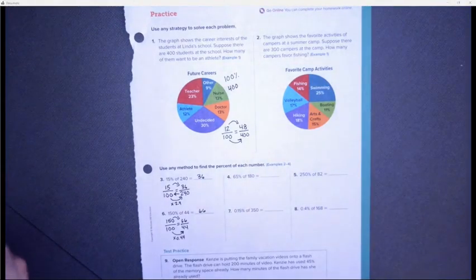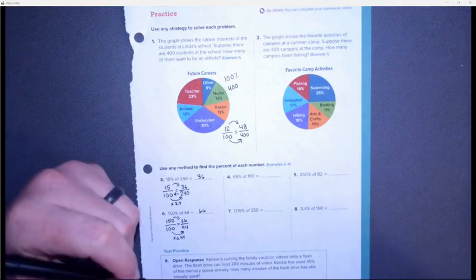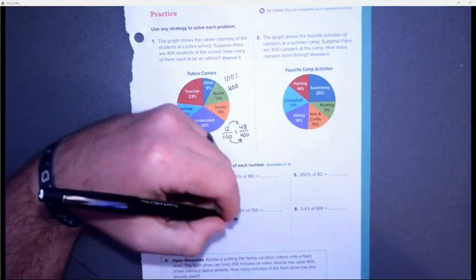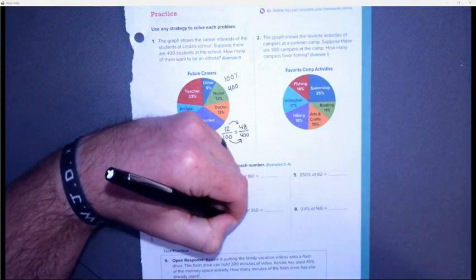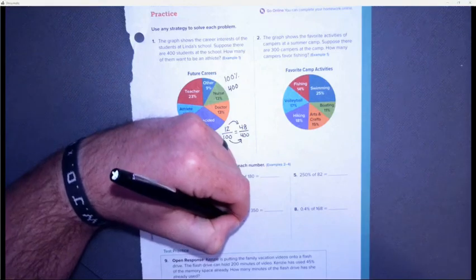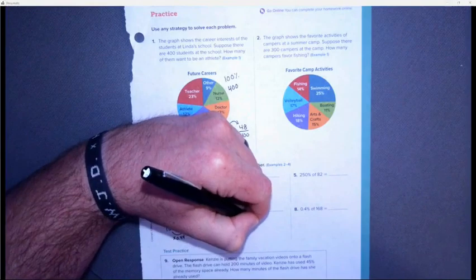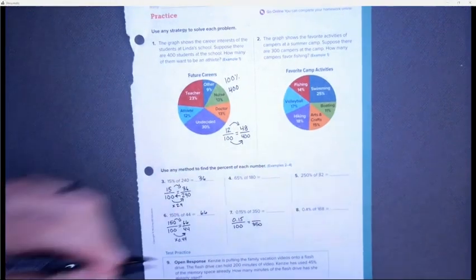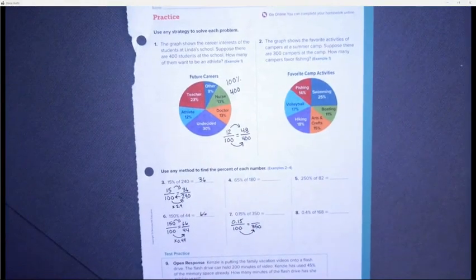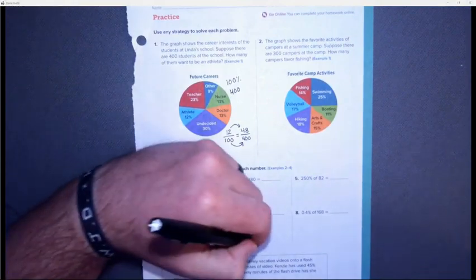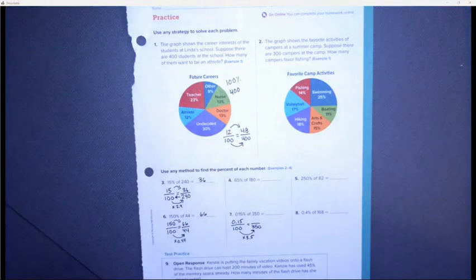Let's look at one more. Let's look at number 7. It tells us 0.15% of 350. Well, 0.15% is 0.15 per 100 of 350. So 350 is my whole. I'm going to look and see what goes from 100 to 350. 100 times 3.5 will give me 350.